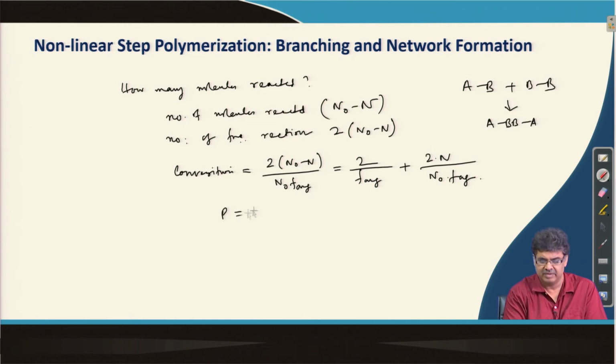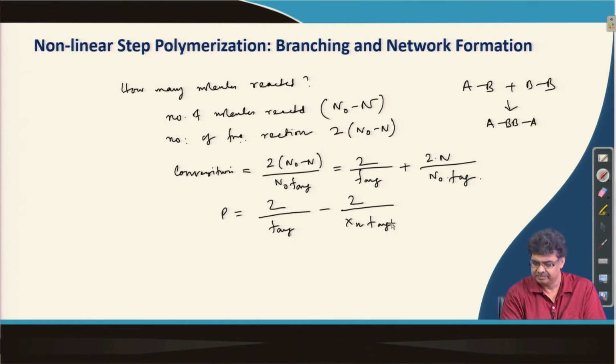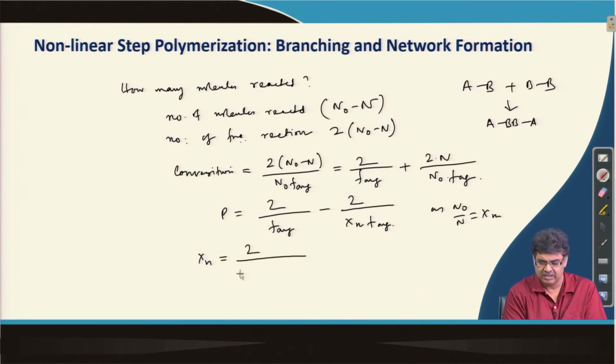So P is given by 2 by f average minus 2 by (x_n f average), because N_0 by N is x_n. If we rearrange it, we get x_n equals 2 by (2 minus f average times P).